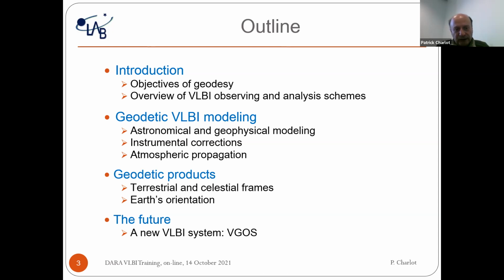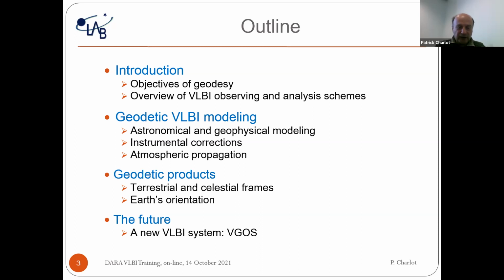You have to model the quantities that you get from the observations, including some astronomical and geophysical parts. You have to apply some instrumental corrections and atmospheric propagation. So I will give you an overview of all the components that you have to model to achieve the analysis.